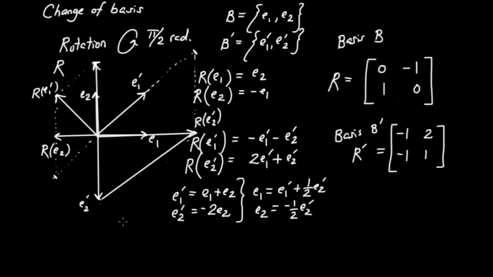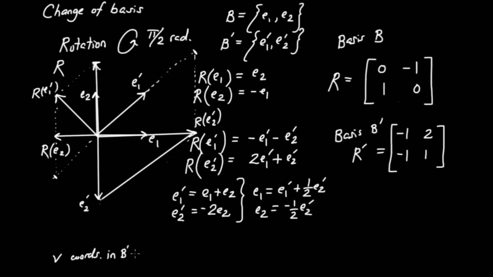So let's suppose that I have some vector expressed as a linear combination in this basis that has coordinates in this basis. So let's start with V coordinates in B prime.